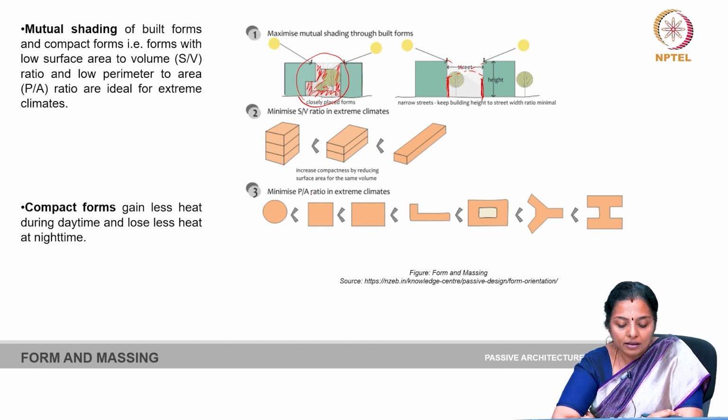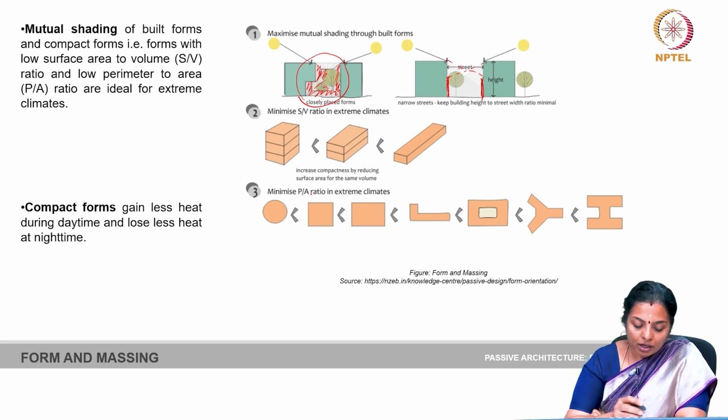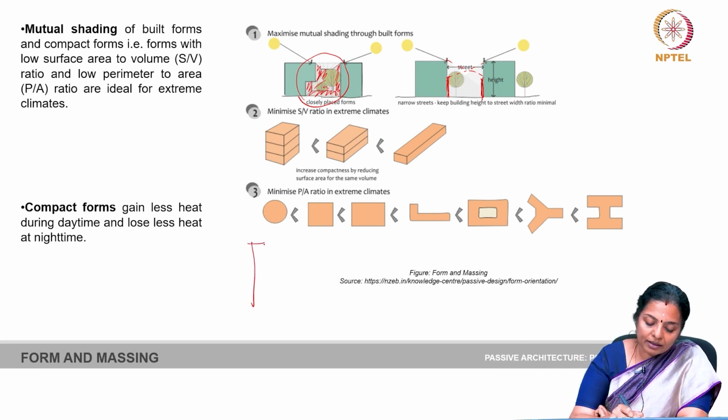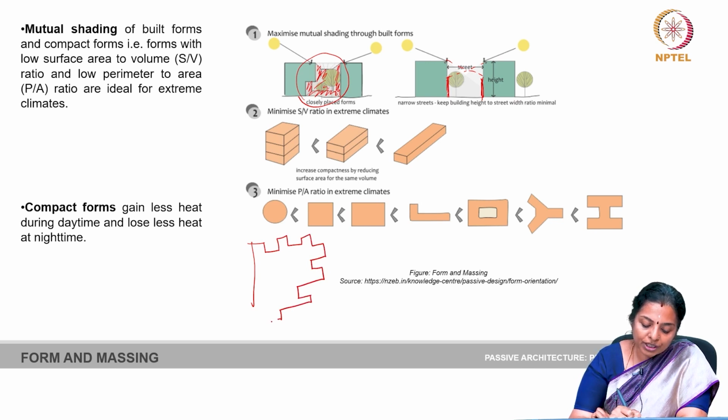The perimeter to area ratio is also an important criterion, and you need to minimize it in the hot conditions, because the more the perimeter, the more the exposure to solar radiation.